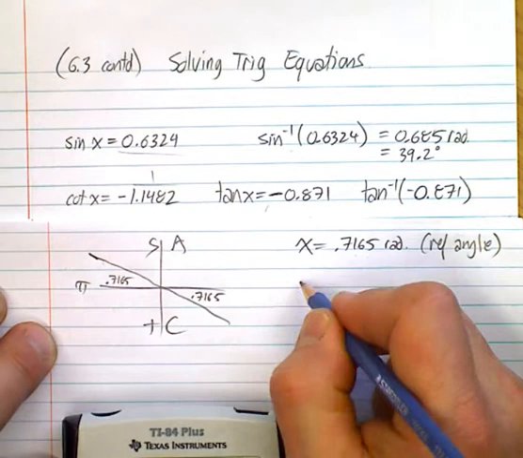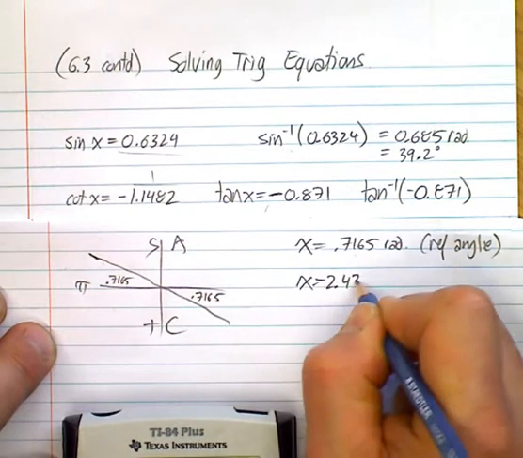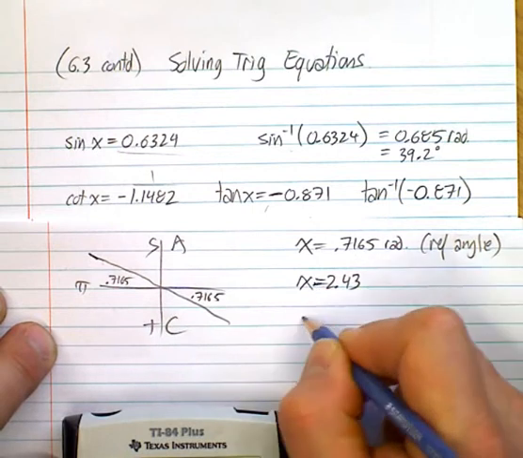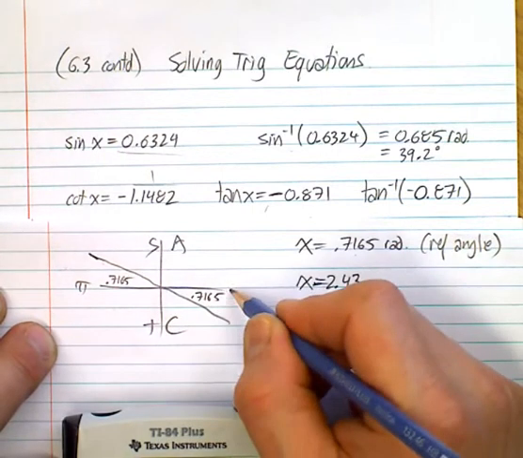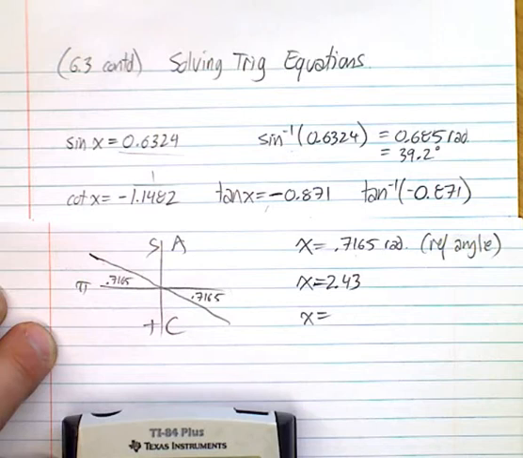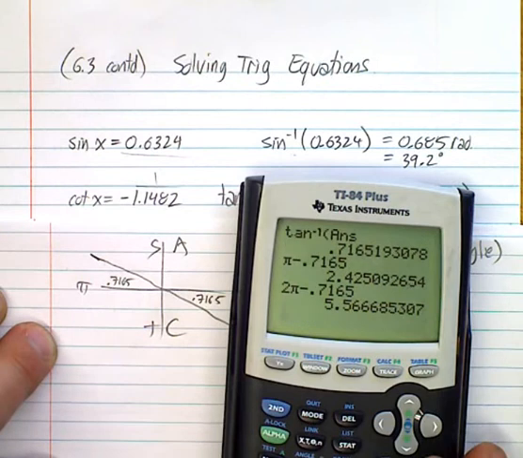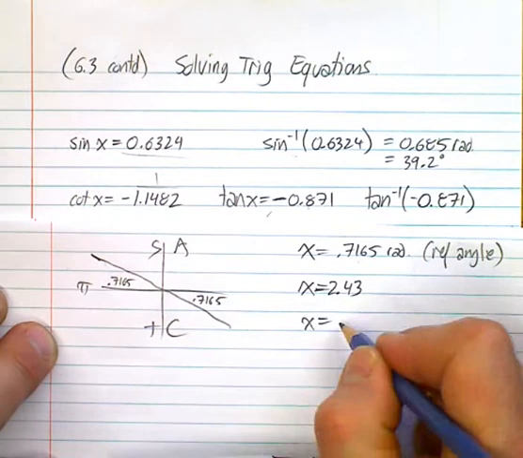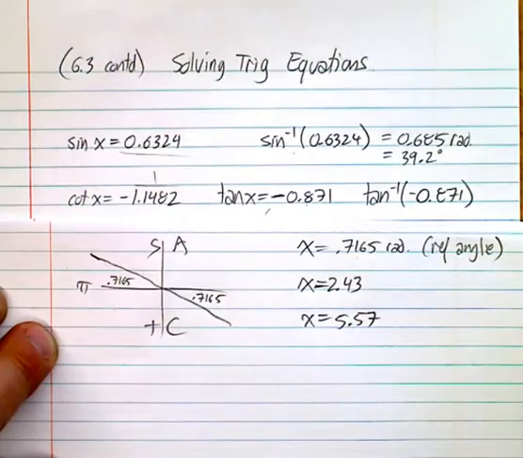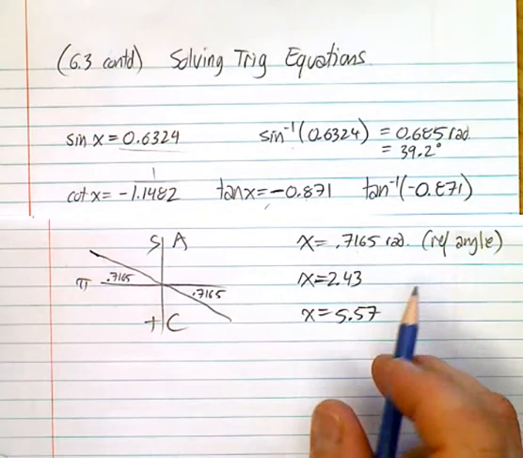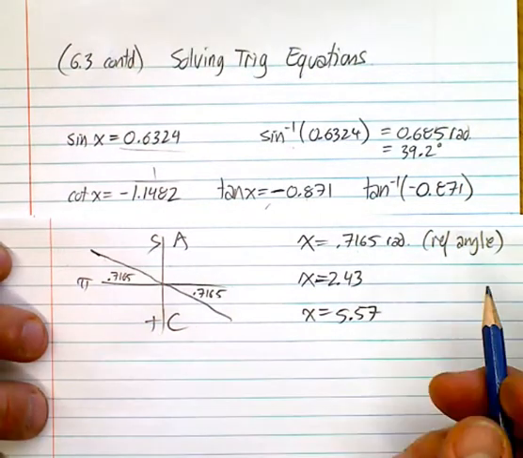So x is equal to 2.43, right? And I'm going to get another x right here, which is going to be 2 pi minus that, right? So 2 pi minus 0.7165, and you end up with 5.57, and there you have it as far as your two solutions go within one revolution, right?